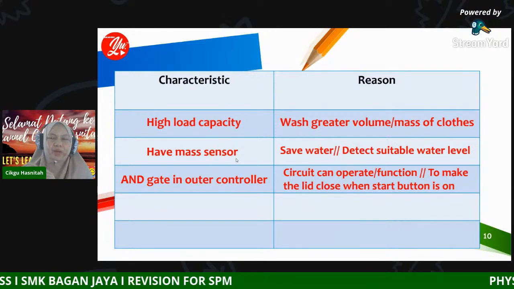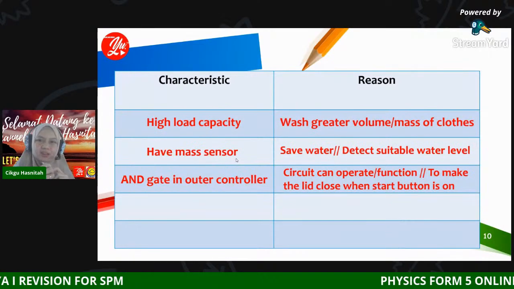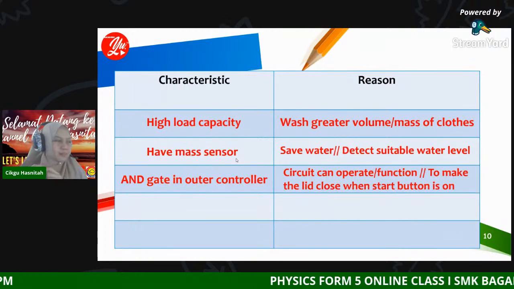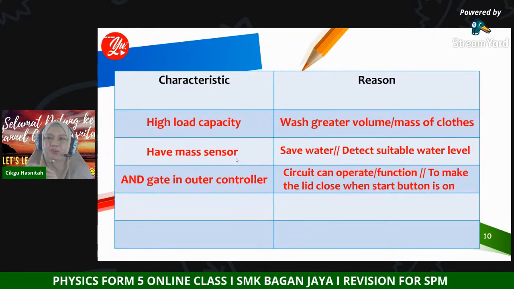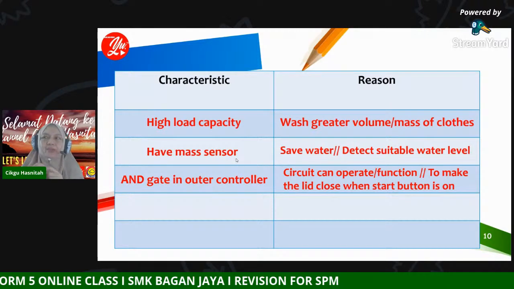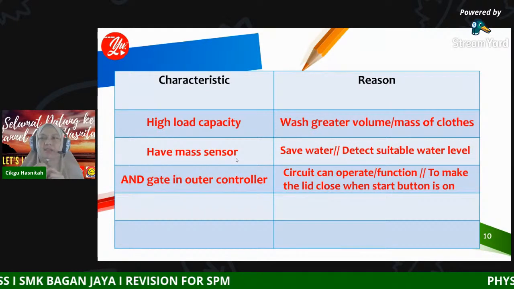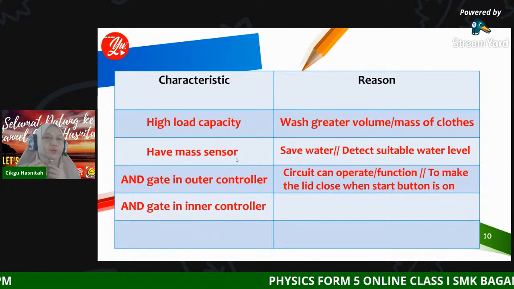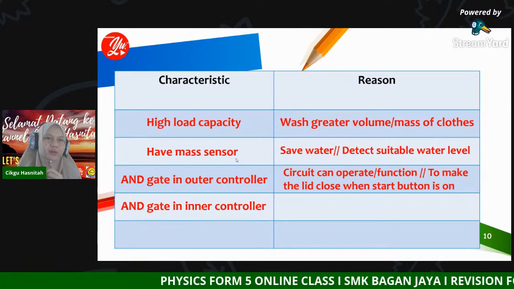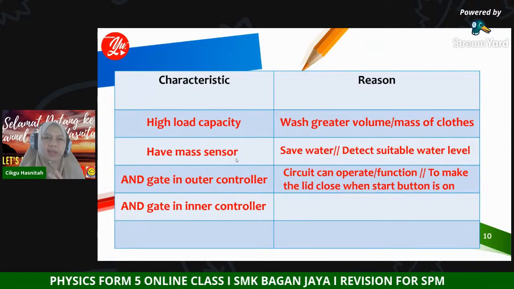Songjun says OR gate. Why do you say OR gate, Songjun? Can you share your reason? Wei Liang says AND gate. Dylan also says AND gate. Now we are talking about the inner controller, so the answer is also AND gate. The inner controller also uses AND gate.